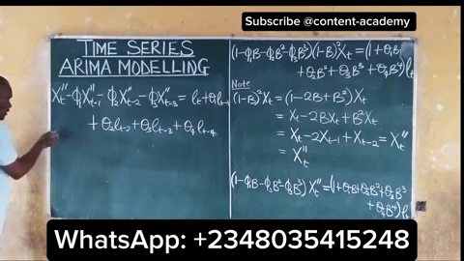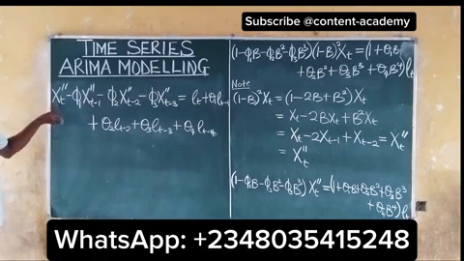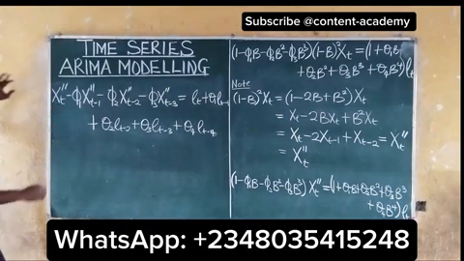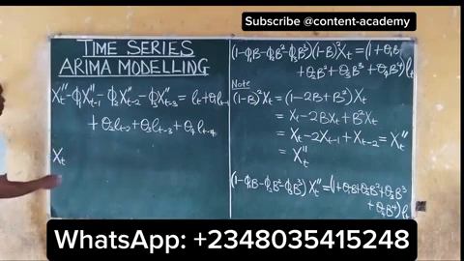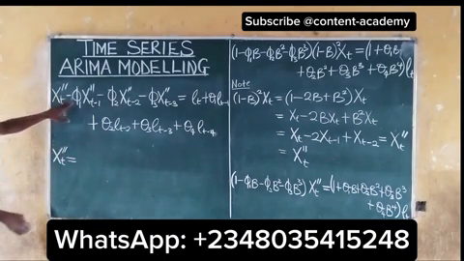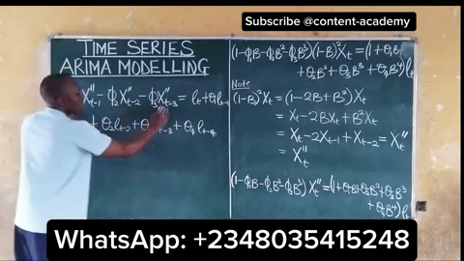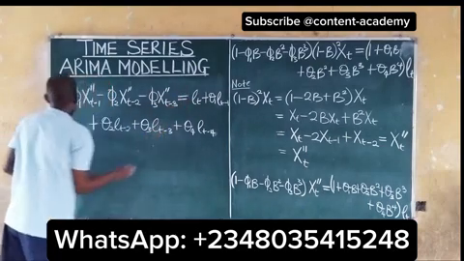Now, it then means that we can make this the subject of formula. That is, Xt double prime is equal to this. If you move the whole of this part to the other side of the equation, you have it as positive.